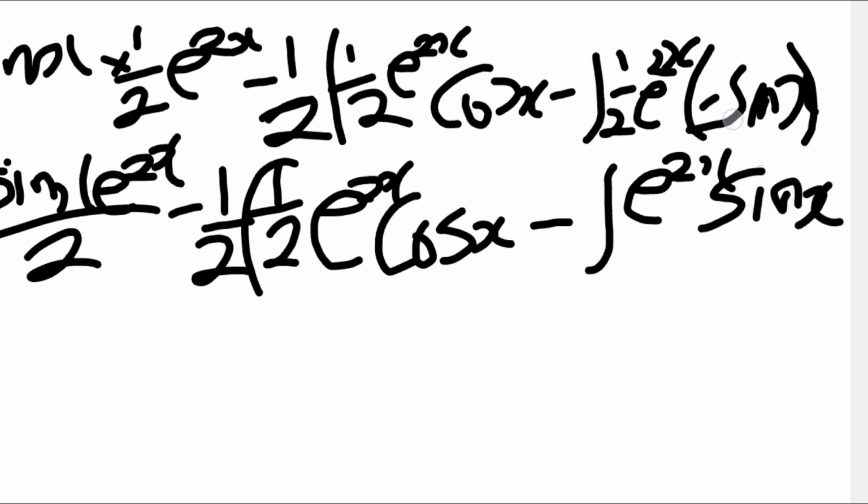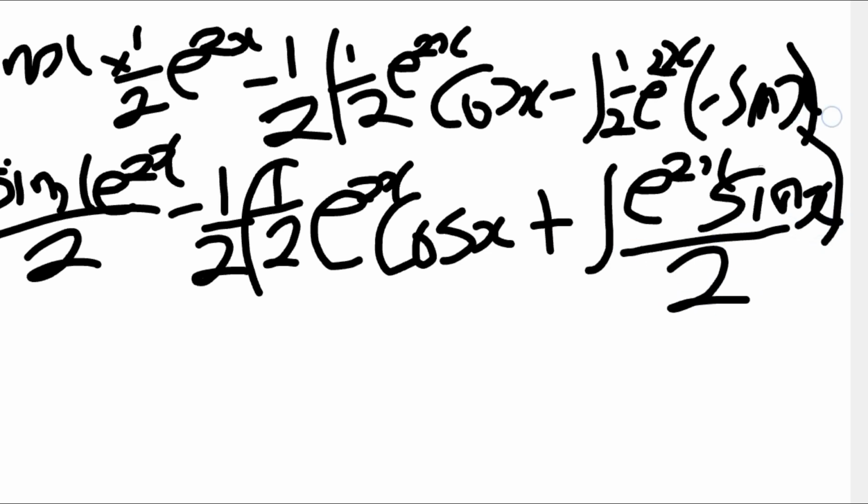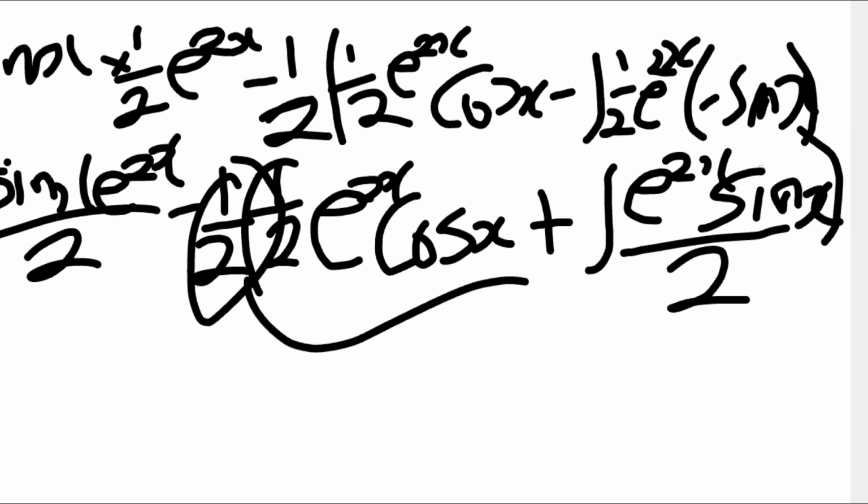And since we have a negative sign here, this negative sign is going to multiply this negative sign, and then we're going to be having a positive sign, which is going to affect this one. So sine x over 2, and then the bigger brackets. So we use this 1 over 2 to expand what's inside here.